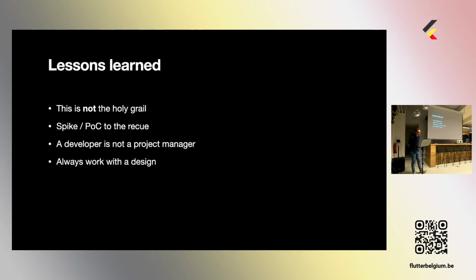Also, some small lessons learned. This is not the holy grail, far from that. I just found it a way that I saw the needs from my perspective as a project manager with what I saw as a developer. And it works for us. Try to do some spikes or some proof of concepts when the work is too big.